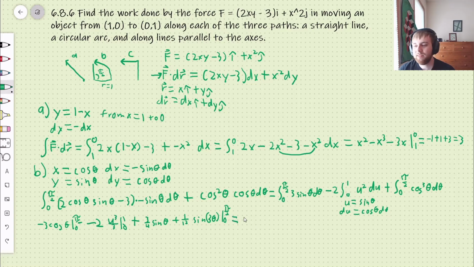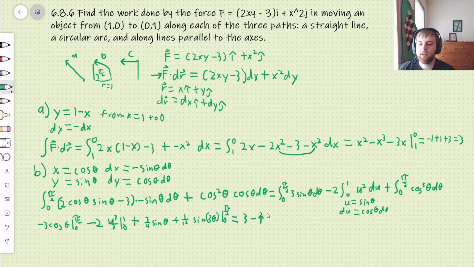So cosine of pi over 2 is 0, but cosine of 0 is 1. Because you're subtracting that, since it's at the bottom of the limits of integration, you end up with a positive 3. Then the middle one at 1 is negative 2/3, and at the bottom it's nothing, so 2/3 there. Then this one, we'll take this piece first. These limits apply to both of these pieces.